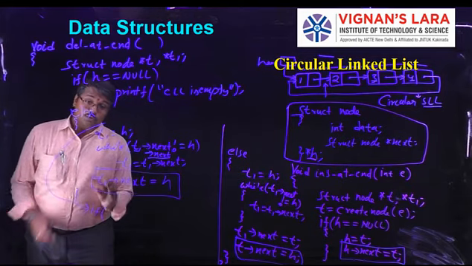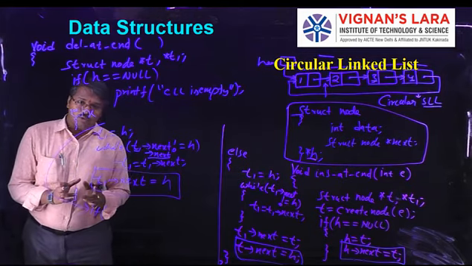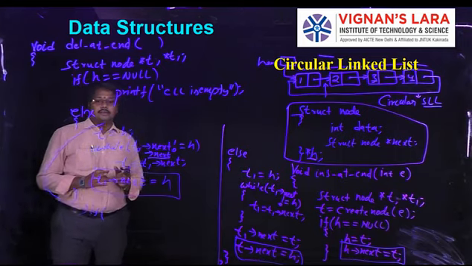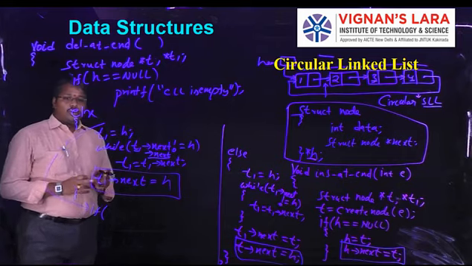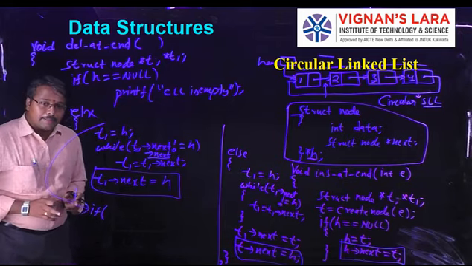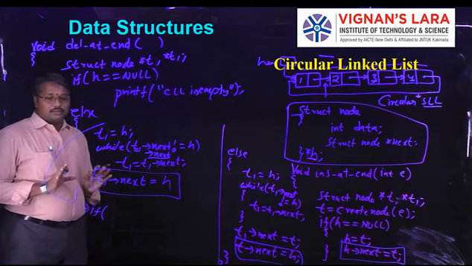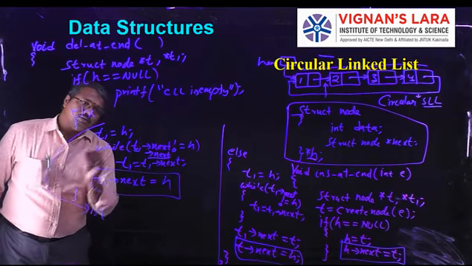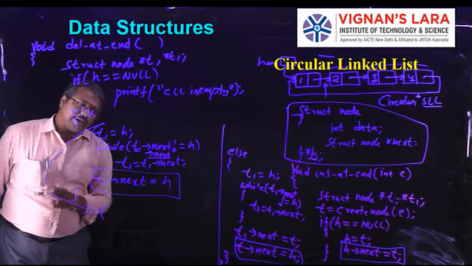Suppose only one element is there, how to find out that only one element is in the circular linked list? Simply, T1 is equal to h, that is already assigned.